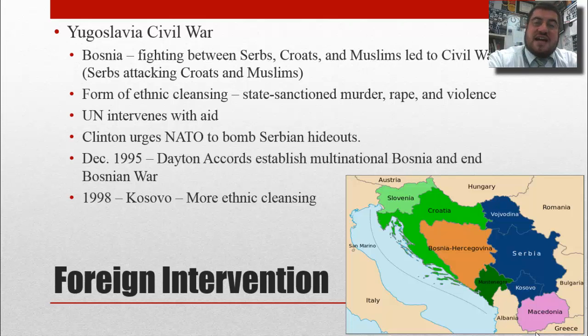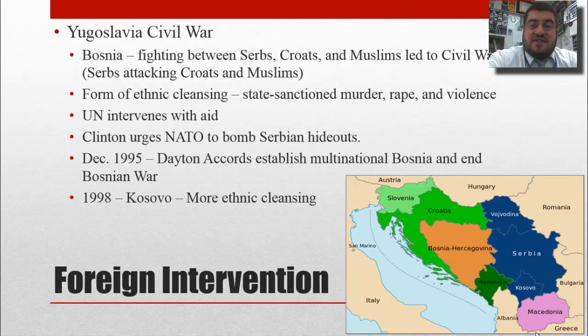Ethnic cleansing is state-sanctioned murder, rape, and violence against a group of people. So they're trying to wipe these people off the earth, or at least out of their country. The UN intervenes with aid, and Clinton urges NATO to bomb Serbian hideouts, but he doesn't want to get the United States involved. He urges us to lend our military might to NATO.